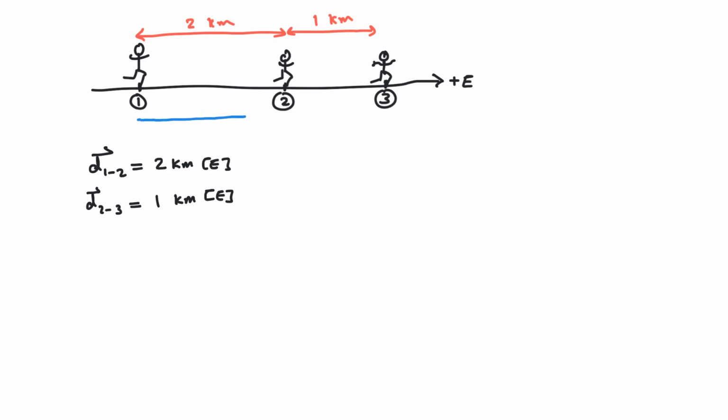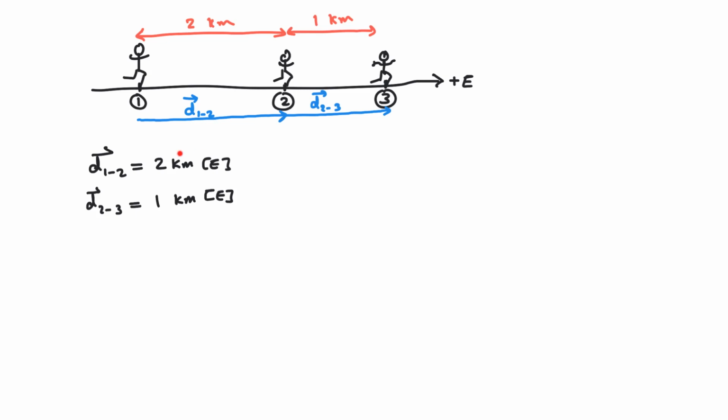So we draw an arrow, and this first arrow represents our displacement or the change in position from 1 to 2. And then from position 2 to 3, they move in this direction. So this is their movement, and this is how we show the movement geometrically.